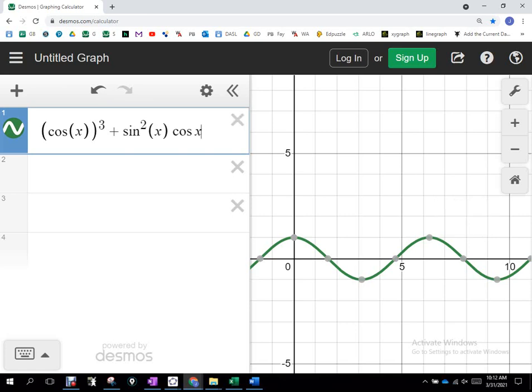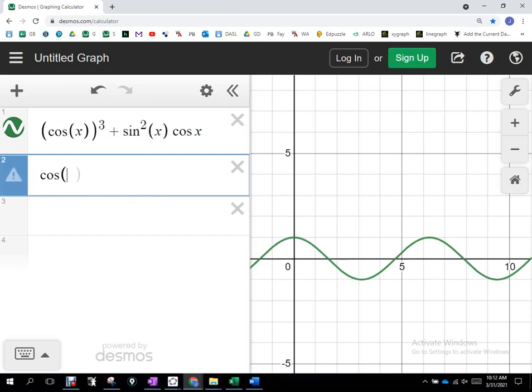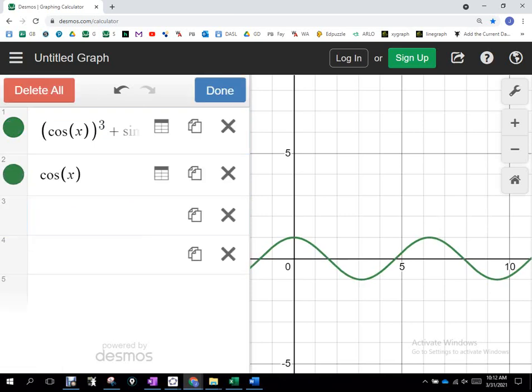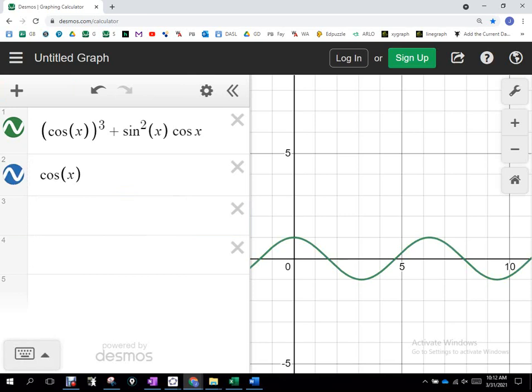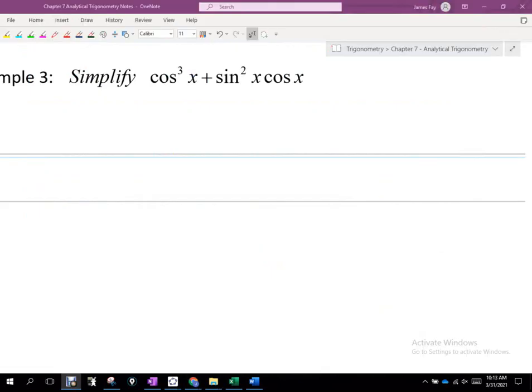So what we want to do today, and if I type in cosine, well, that's stupid, that kept the same color. What we want to do is see algebraically or analytically why this simplifies down to that. Sometimes you can do that, sometimes you can't, because sometimes these aren't going to just break down to cosine x.